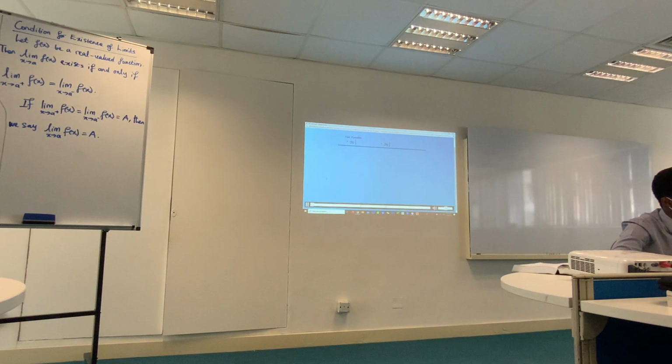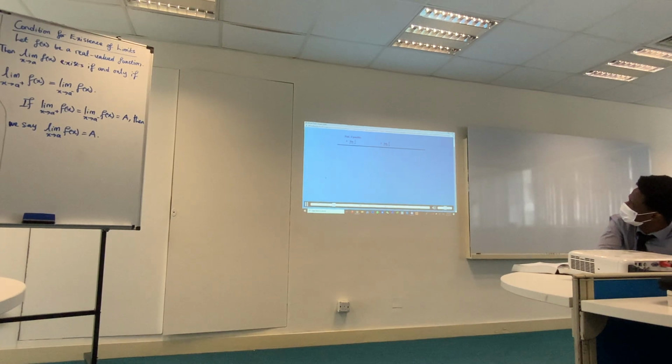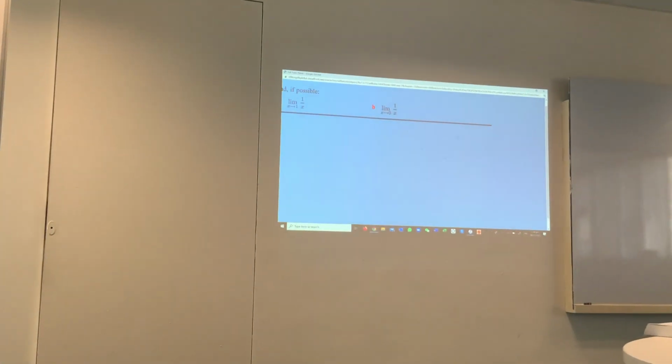idea. In the previous example, we found the limit of a function by observing the value of the function as x approaches a particular value. For the limit of a function f to exist at x equals a, there are 3 conditions that must be satisfied. As x approaches a from the left, f needs to approach a particular finite value. In other words, the limit of f as x tends to a from the left exists.